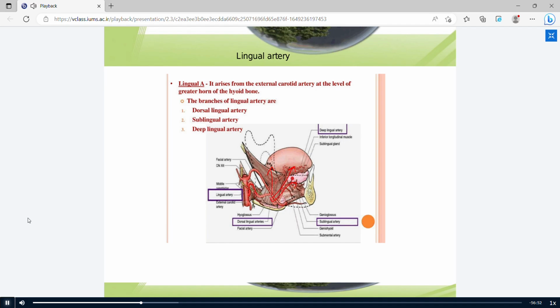The sublingual branch supplies the sublingual salivary glands. This is the deep lingual, and the dorsal lingual supplies different parts of the tongue.